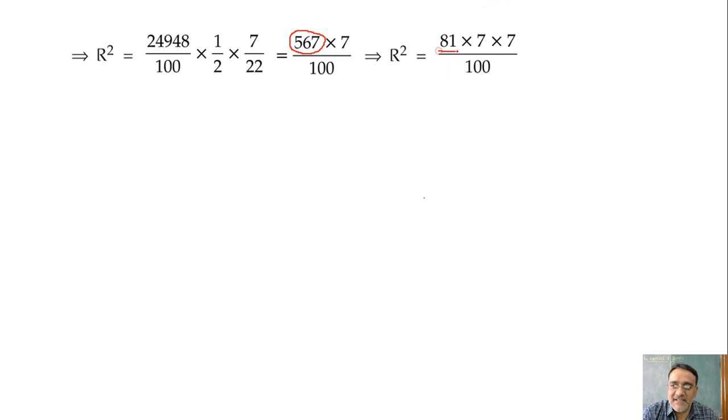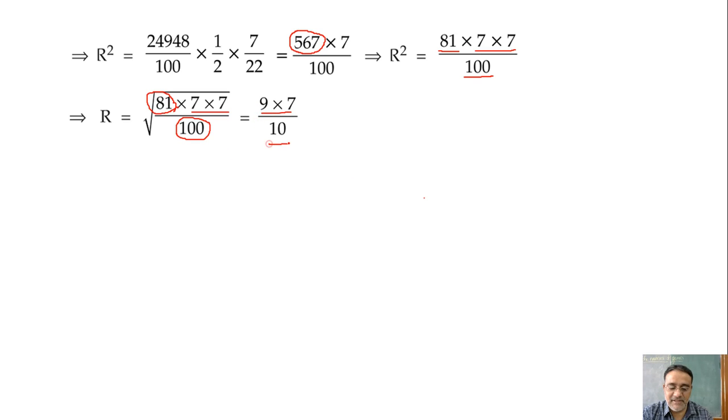So 81 is a square of 9, and here already 2 sevens are there, and this is also a square of 10. So taking square root is not difficult for this one. So we are going to take the square root. 9 will come out, and as there are 2 sevens, 1 seven will come out, and here the square root of 100 is 10. So what we are going to get is 9 into 7 upon 10.